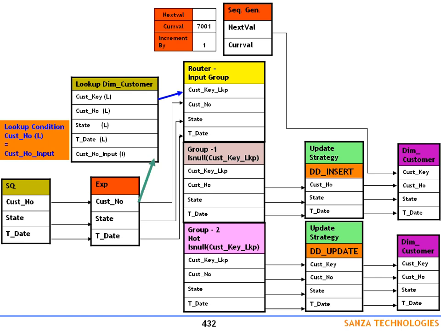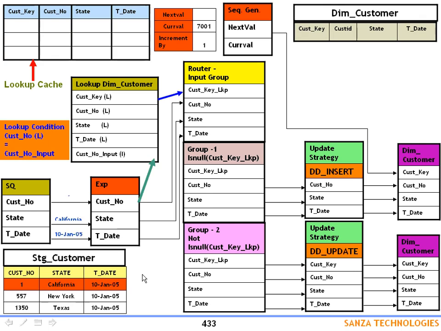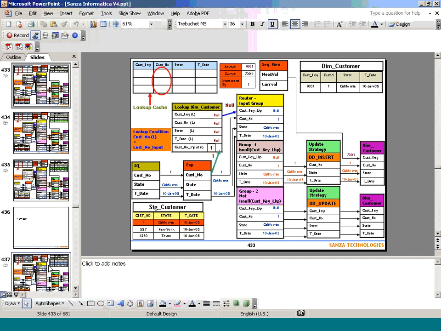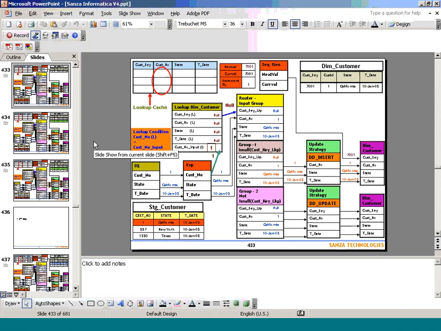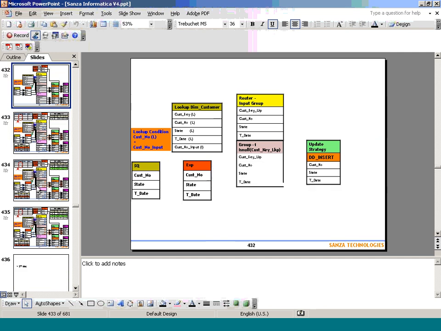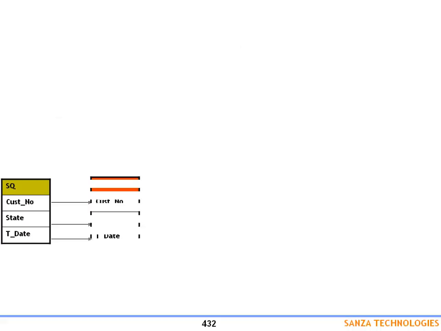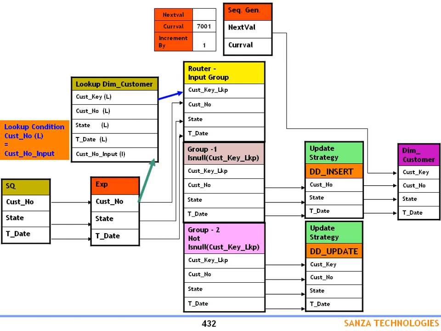Now when you execute the mapping, what happens internally?